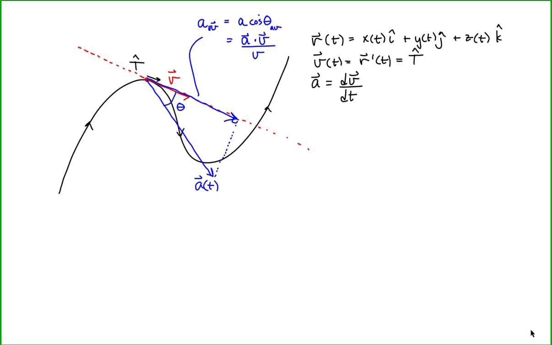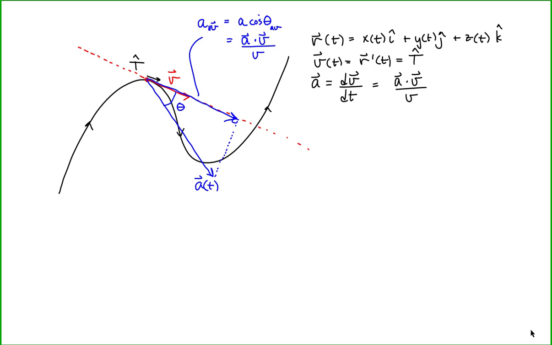So in other words, this is a component of acceleration that is tangent to our curve. So let's write that down. The component of acceleration tangent to our curve is given as the dot product between acceleration and velocity divided by the speed of the curve.